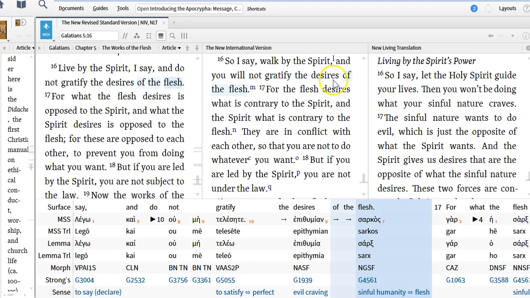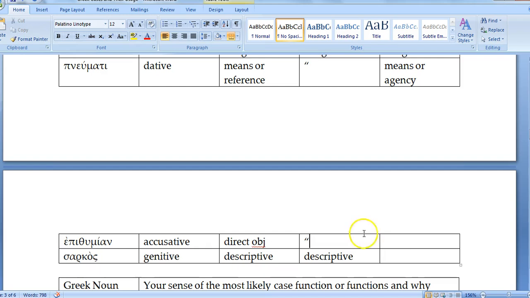So the NLT, even though in terms of form we don't really see the cases represented in any wooden fashion, we can understand that it has understood sarkos as a subjective genitive, and it's actually I think a very perceptive way to think about this, because flesh and spirit are both operating powers in this paragraph.